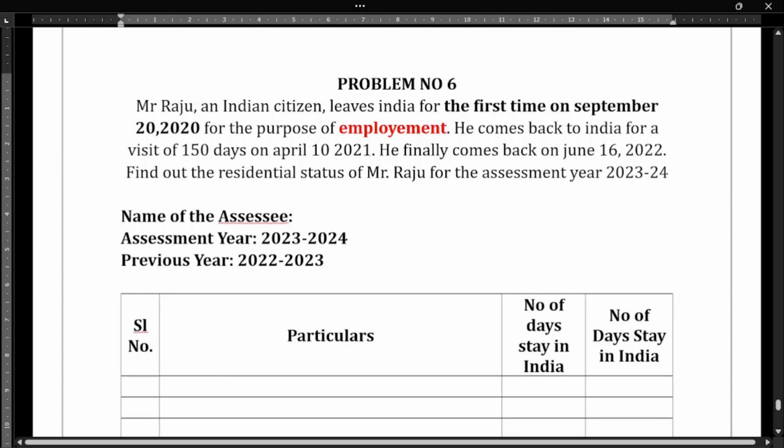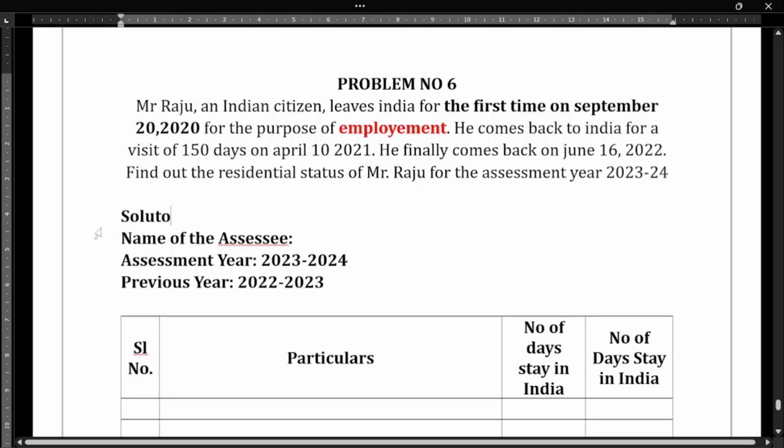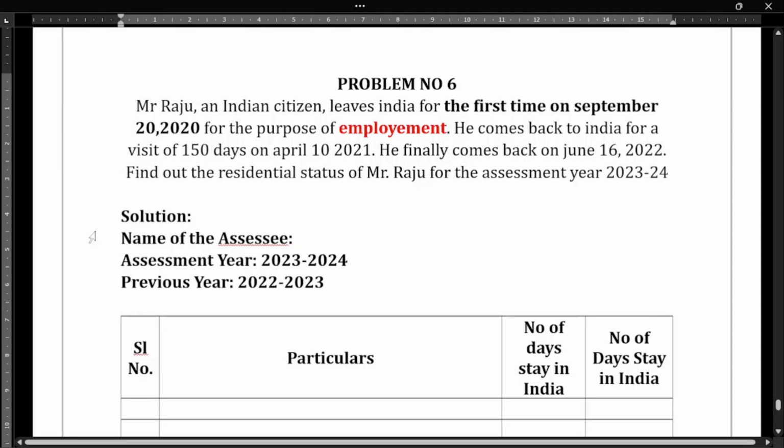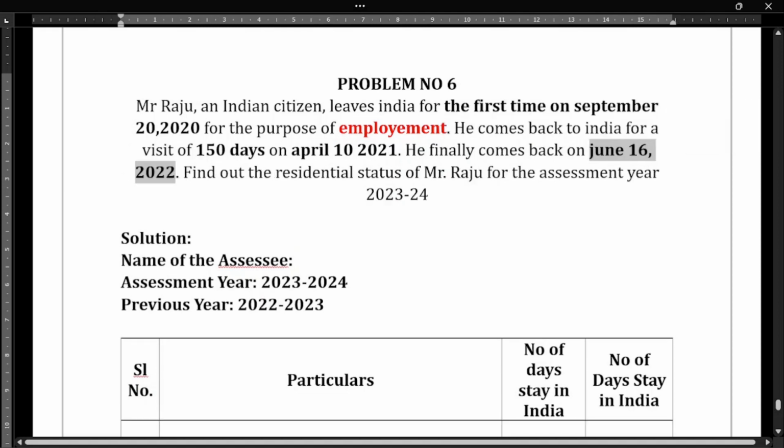He comes back to India for a visit of 150 days, on April 10, 2021. After 150 days he goes back again, and finally comes back to India on June 16, 2022.